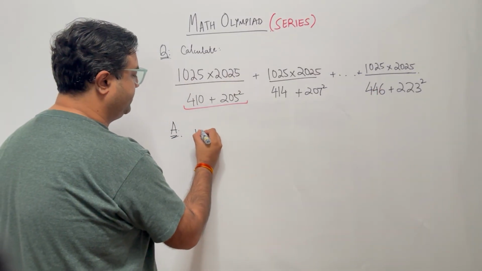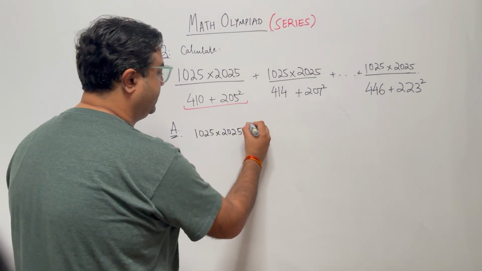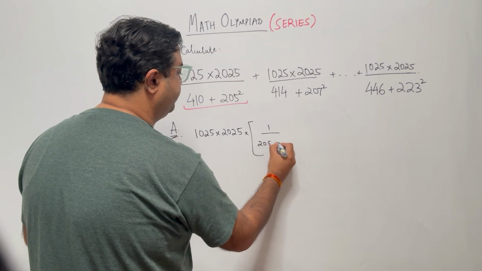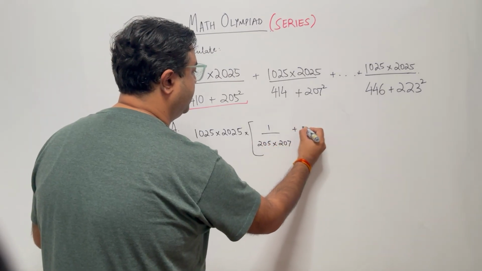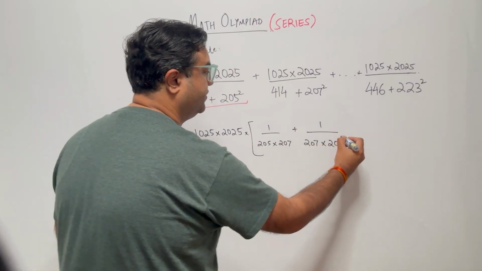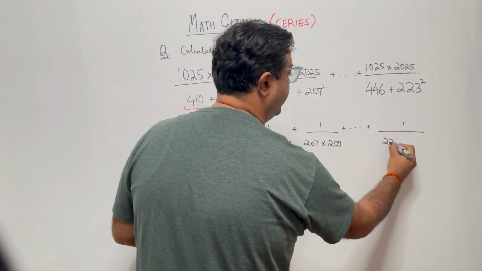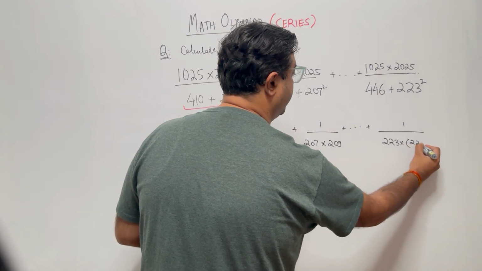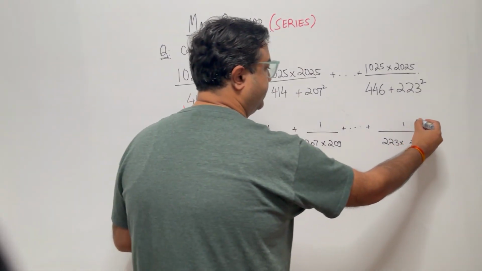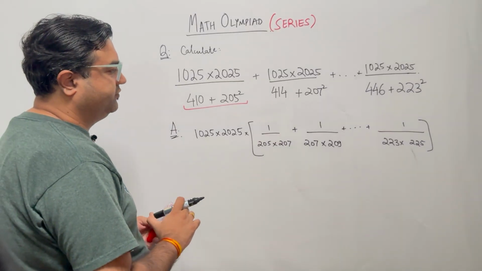So we take out the numerator 1025 multiplied by 2025, and then we have 1 upon 205 times 207 plus 1 upon 207 times 209 plus dot dot dot 1 upon, so this will also become, 223 times 225. Okay, this looks very good now.